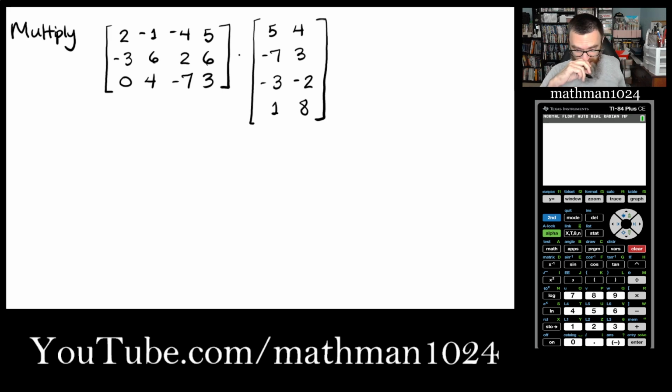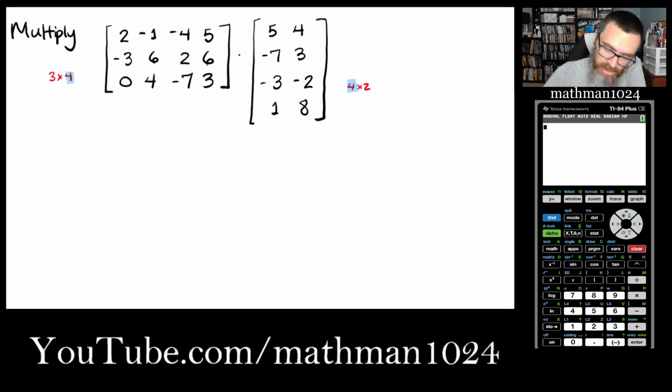So for example, if I want to do this product, it seems kind of crazy, but notice here that this first guy is a 3 by 4 matrix, and this other one is a 4 by 2 matrix. Because the number of columns in the first one matches the number of rows in the second one, we can perform this product.